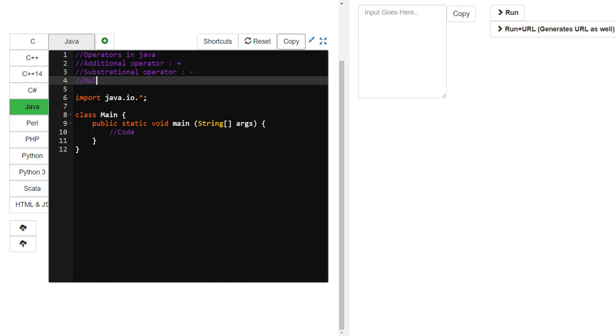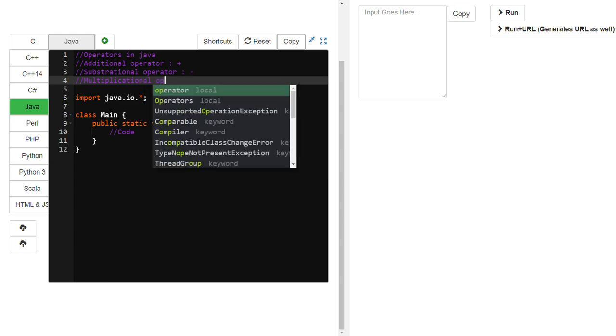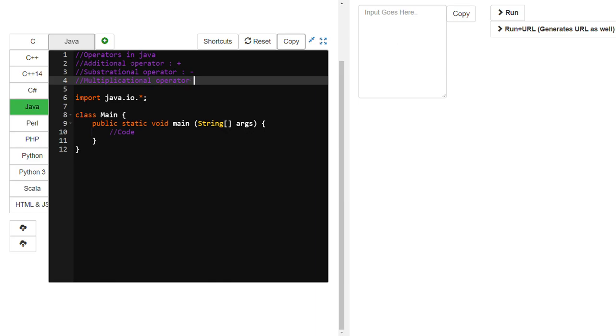Next one, multiplication operator, denoted by star.